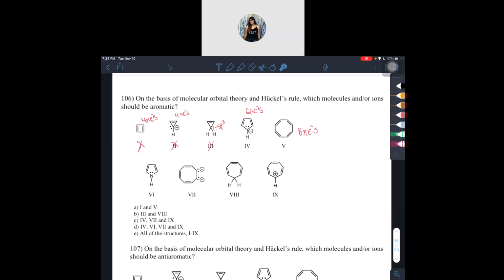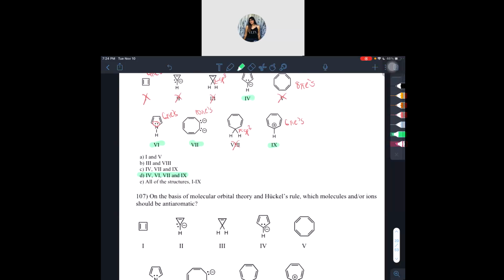If we look over here, fully conjugated, we also have 6 pi electrons. This guy is sp3 hybridized, so that's not one of them. This guy has 2, 4, 6, 8, 10 pi electrons. And this guy here, we do count these lone pairs, so we have 6 pi electrons. So the only ones that are aromatic are going to be 4, 6, 7, and 9. I almost forgot how to count Roman numerals, but that's fine.